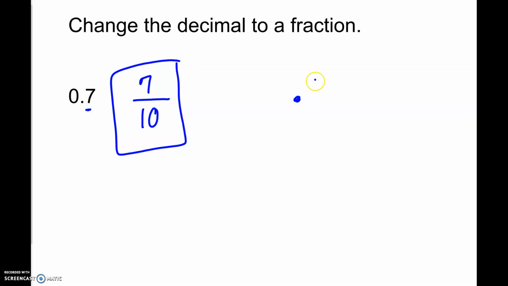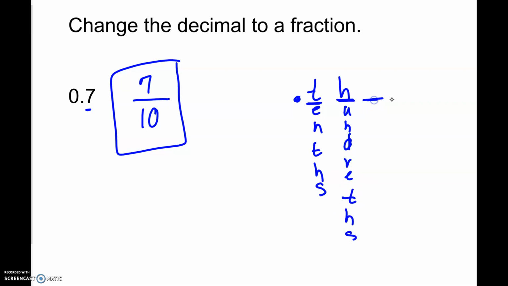So one place past the decimal is tenths. If we go another place past the decimal, we are at hundredths. One more place past the decimal would be thousandths.